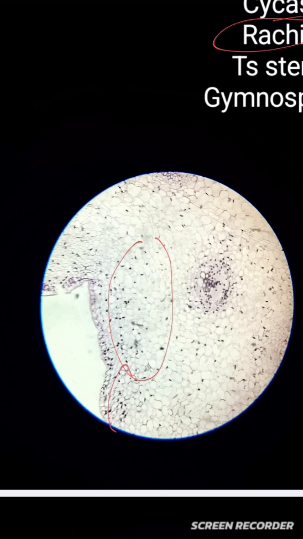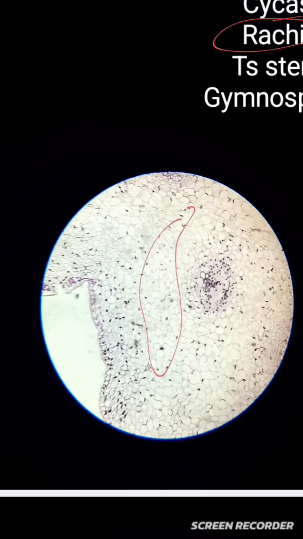After the epidermis, we have the hypodermal zone, which contains the outer few layers of chlorenchymatous cells and the inner multilayers of sclerenchymatous cells. After the hypodermal zone, we have the ground tissues.